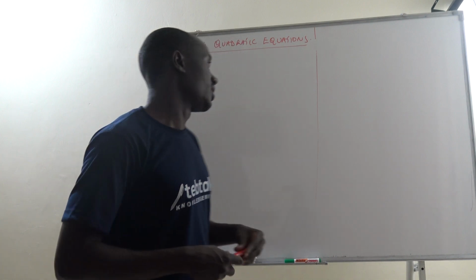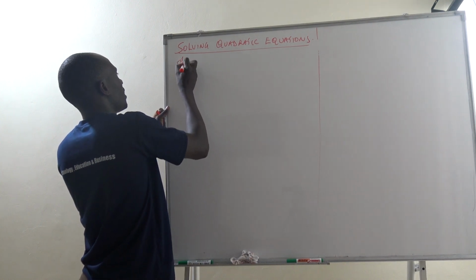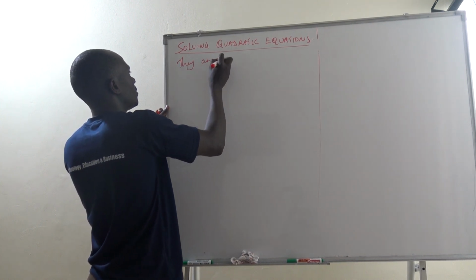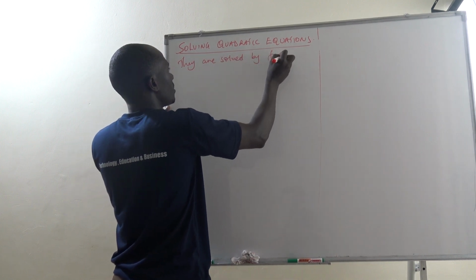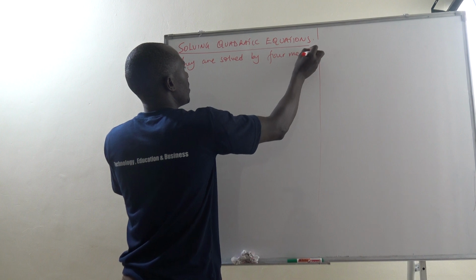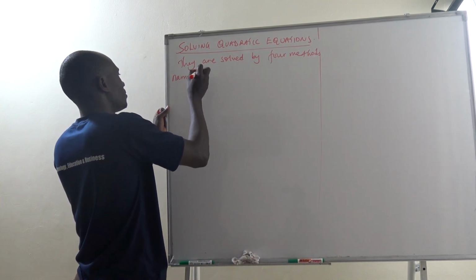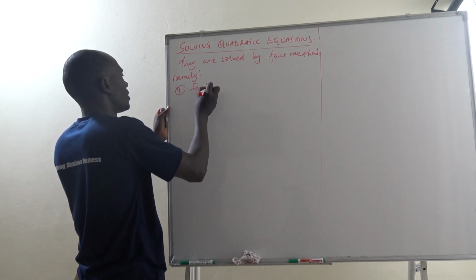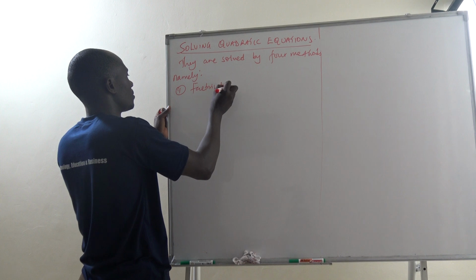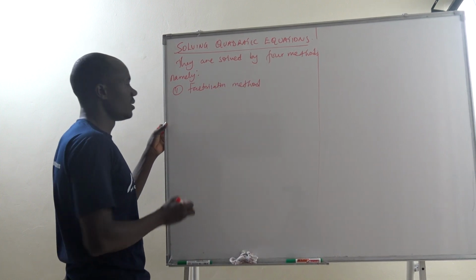So you can list them and say quadratic equations are solved by 4 methods, namely: 1, the factorization method, which others call the factor method.